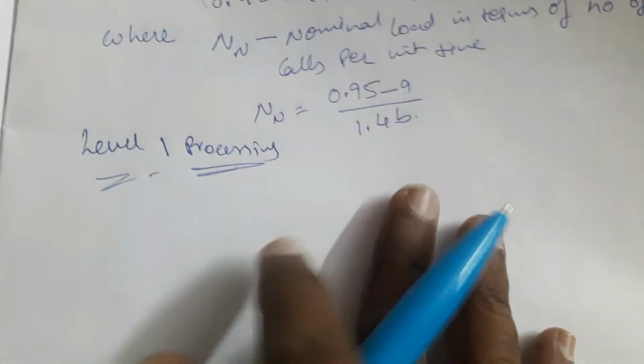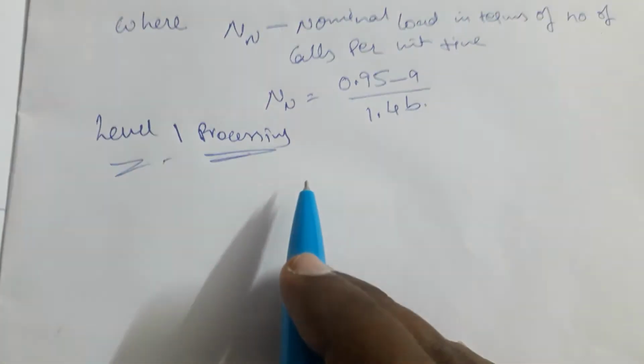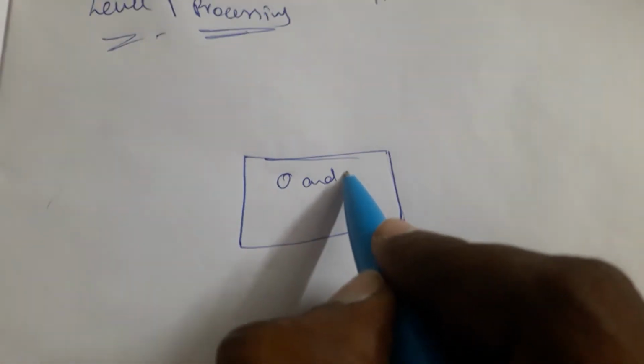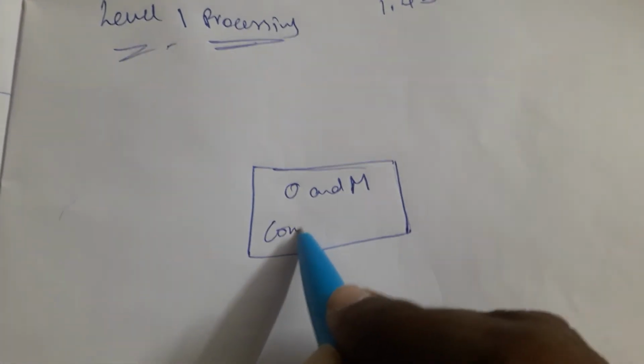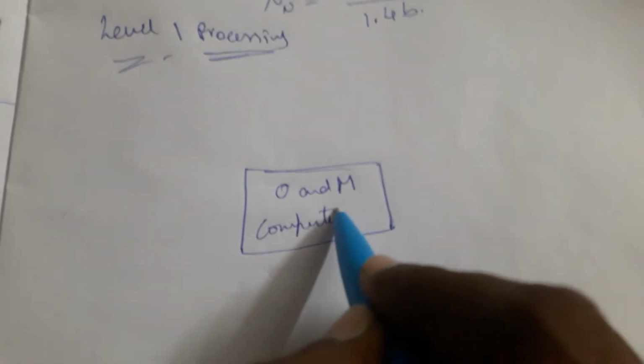Now let us see the remote operation and maintenance. This is the O and M computer.